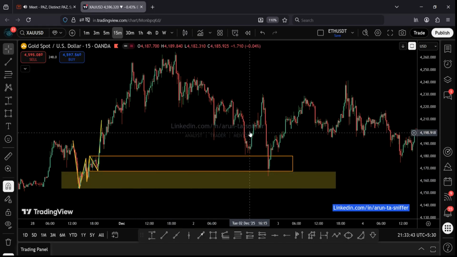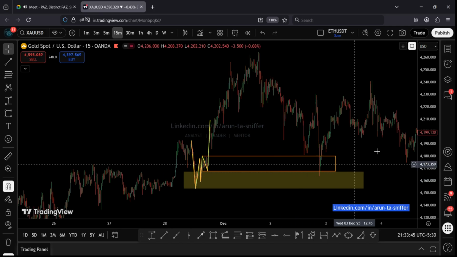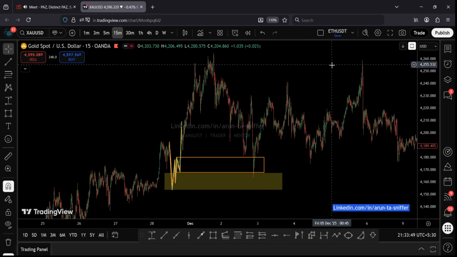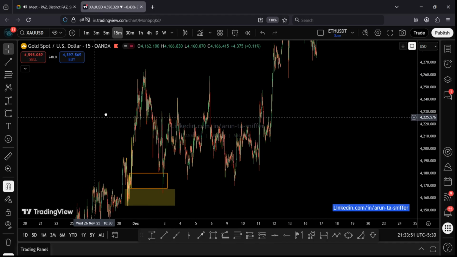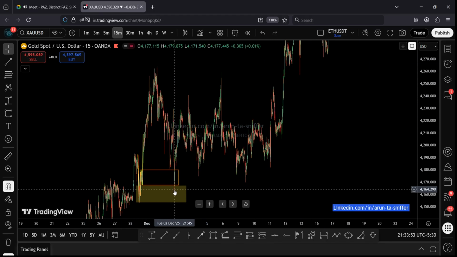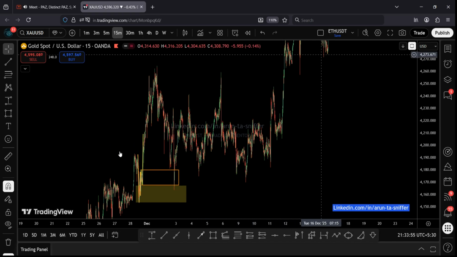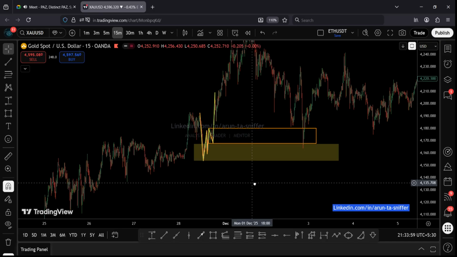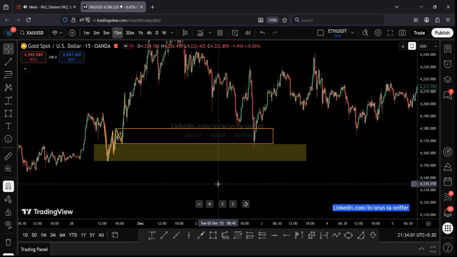Okay, it came down to this distinct price action zone, and then again goes up from here. It comes down to the distinct price action zone and then goes up like this. So this was the example of what? Distinct price action zone.